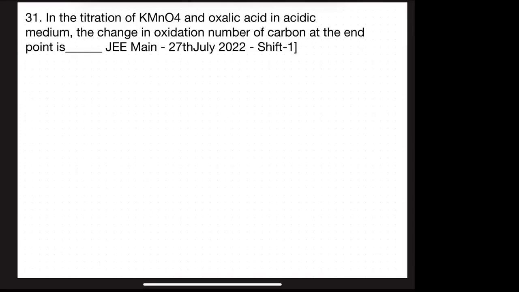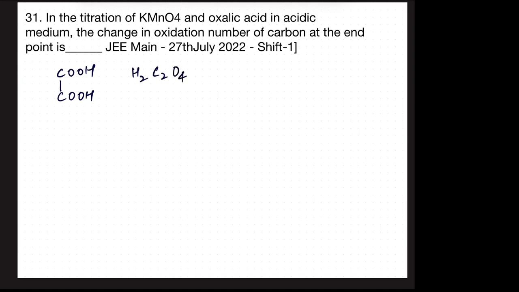In the titration of KMnO4 and oxalic acid in acidic medium, the change in oxidation number of carbon at the end point is dash. The formula of oxalic acid is COOH, so this can also be written as H2C2O4.